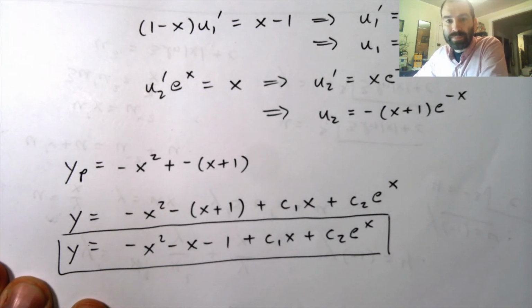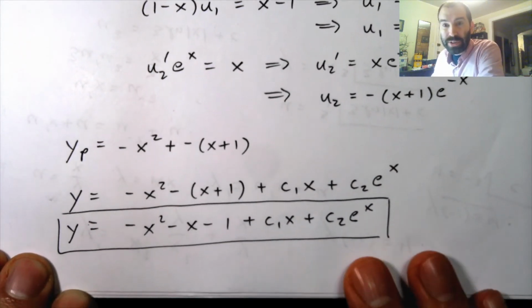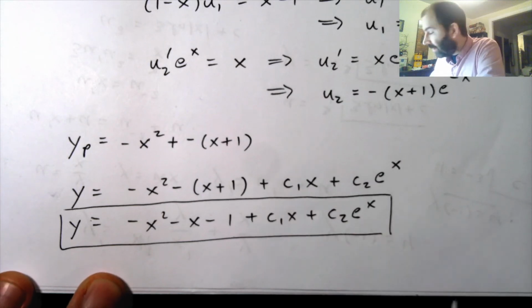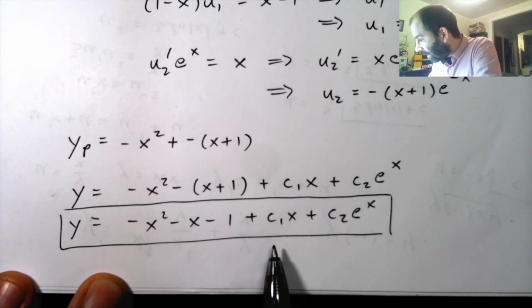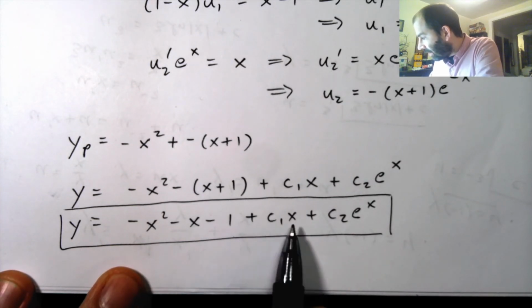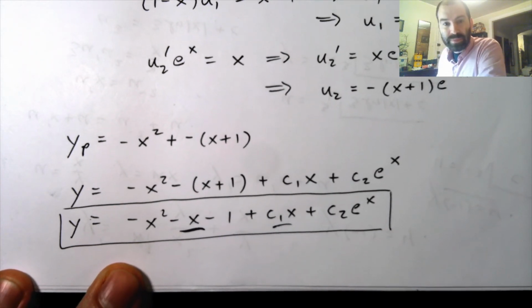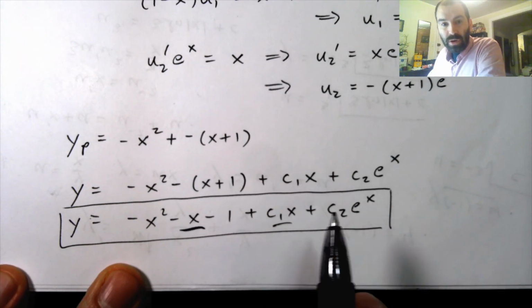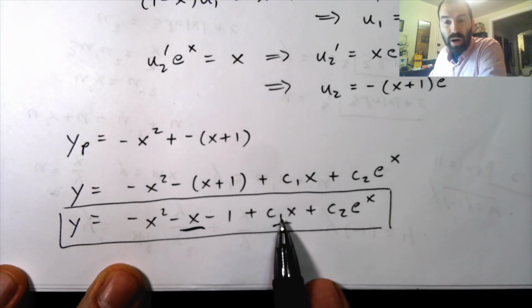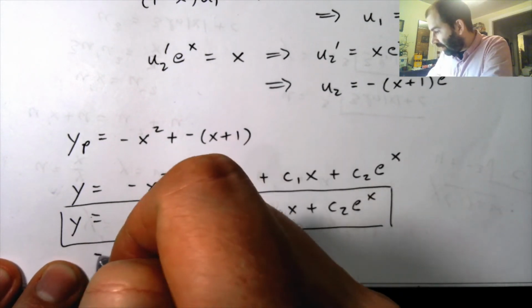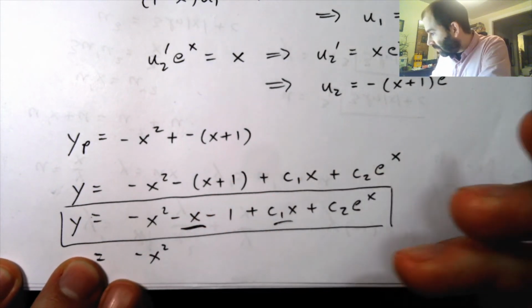But wait. I just realized we could do something a little bit better here. Notice that you could factor an x out of these two terms here, right? So this is c1 minus 1 times x.